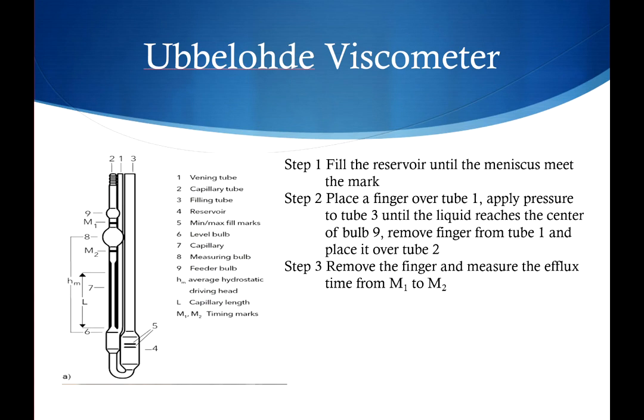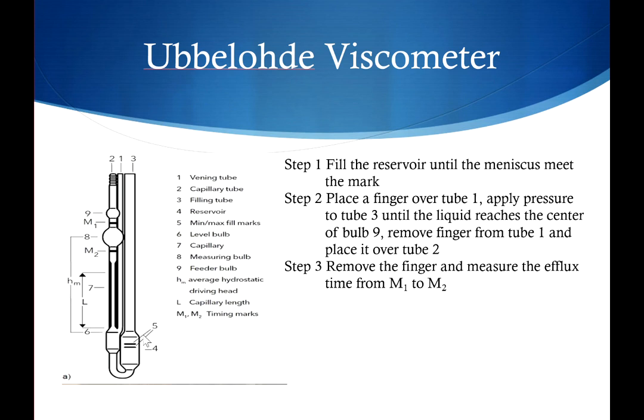In order to obtain the viscosity from the Abel-Hout viscometer, here is the instrument, which has 3 tubes at the top: 1, 2, and 3. Number 1 is the bending tube, number 2 is the capillary tube, and number 3 is the filling tube.